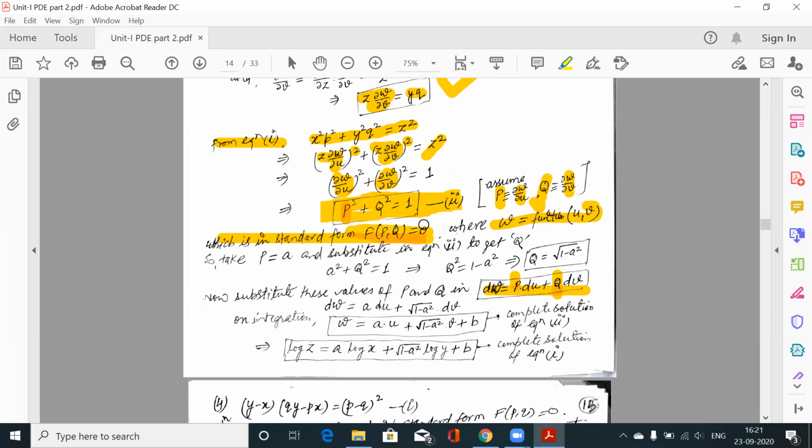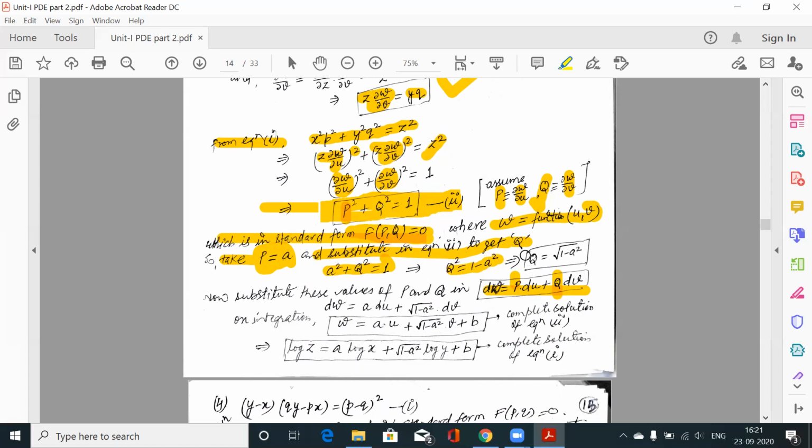So this is in standard form 1, and we know for standard form 1 using Charpit's auxiliary equation we get p is equal to a. Here small p is capital P, so capital P is equal to a. Now we substitute this in the given equation, equation 2, to get capital Q. So a square plus Q square is equal to 1, so Q square would be 1 minus a square.